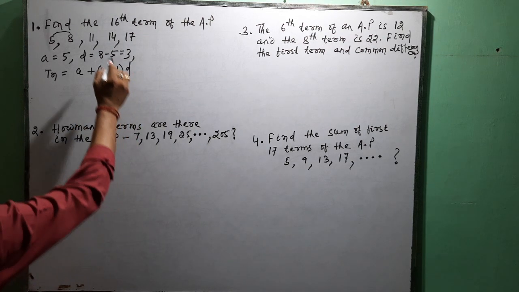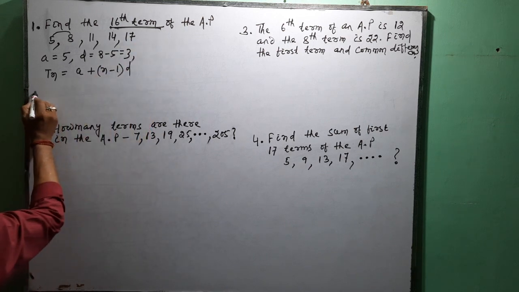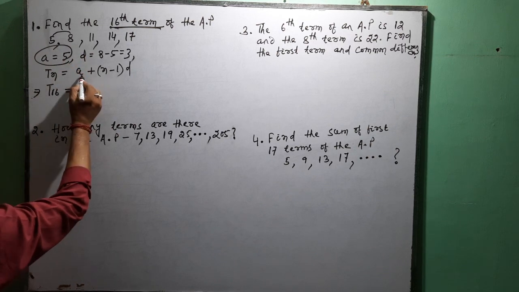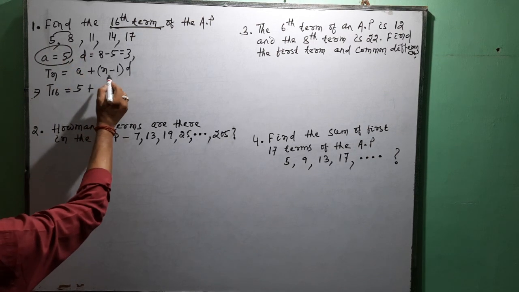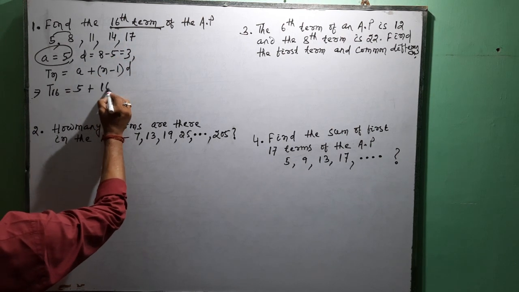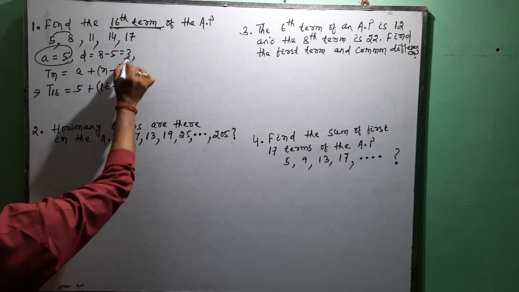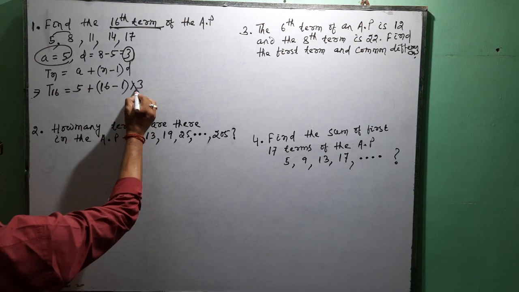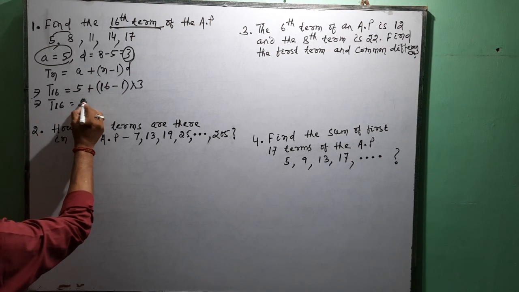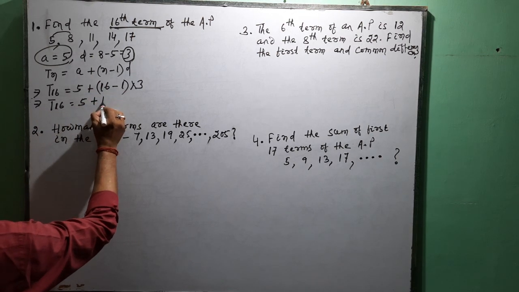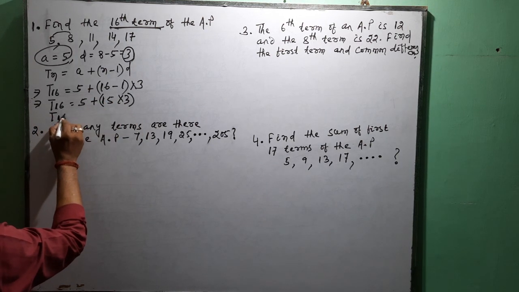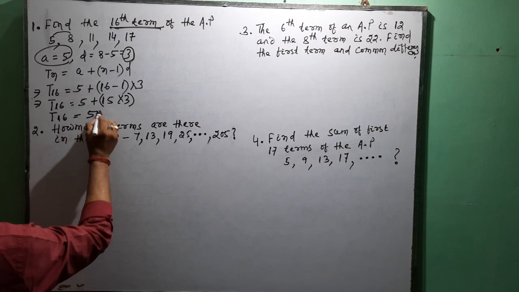For the 16th term, T16 is equal to a plus n minus 1, n is 16, so 16 minus 1 into d, where d is 3. Then T16 is equal to 5 plus 15 into 3, which is 45. So T16 is equal to 50. Answer.